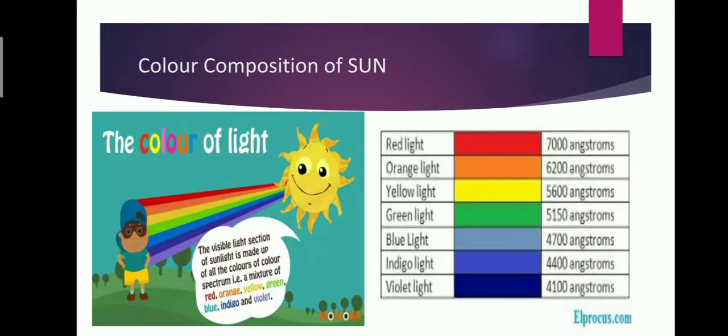If you look at the bottom half, violet, indigo and blue come under the least wavelength category, whereas the topmost comes under the highest wavelength. So as per Rayleigh's law, red light is going to scatter less, whereas violet, indigo and blue are going to scatter a lot.